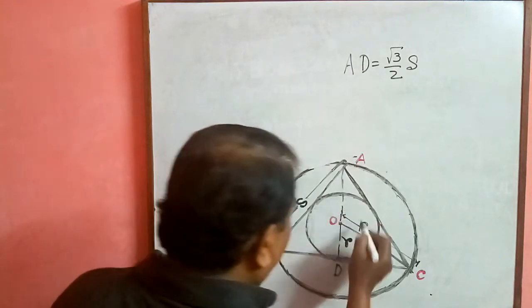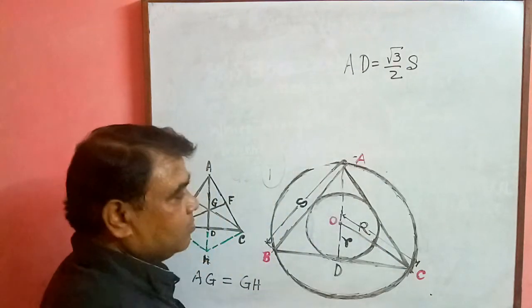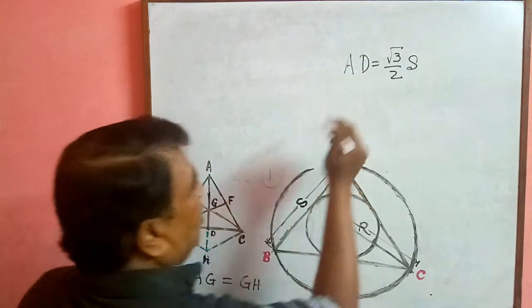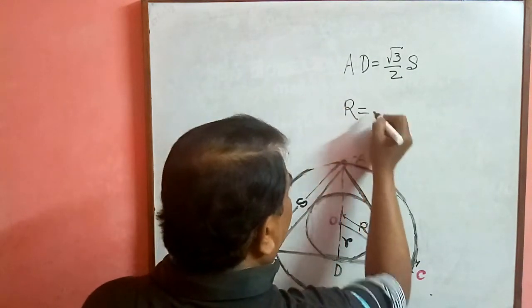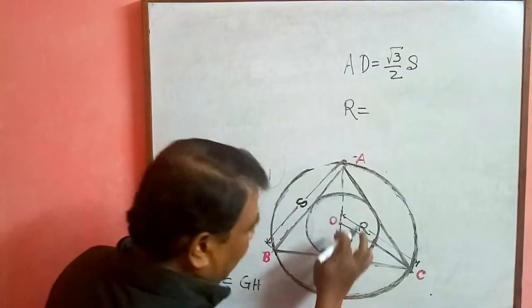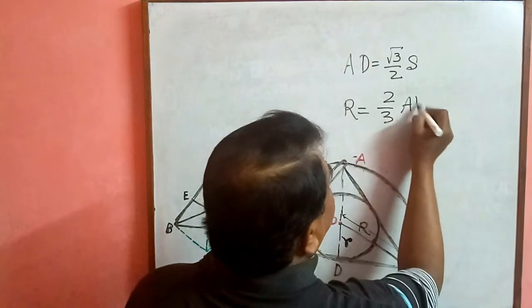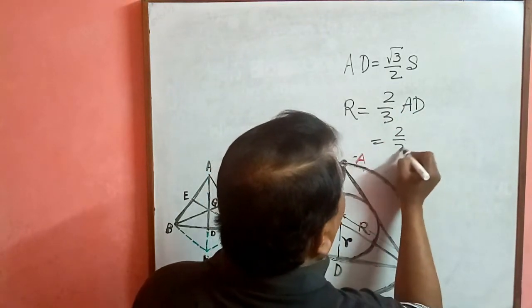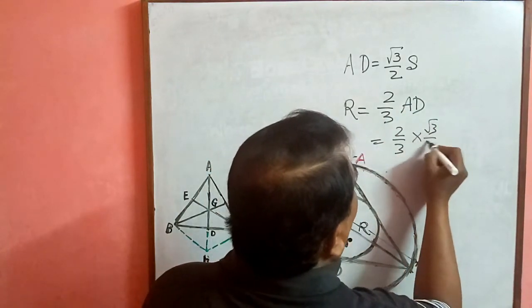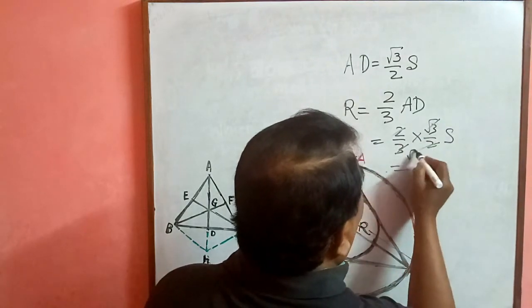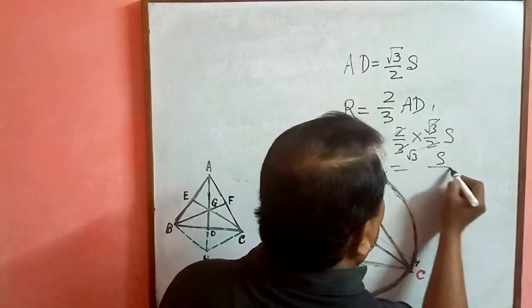If this is capital R for the radius of the bigger circle, then R is 2/3 part of AD. AD is root 3 upon 2 into side. 2 cancel, root 3 cut root 3, 1. This is side upon root 3.